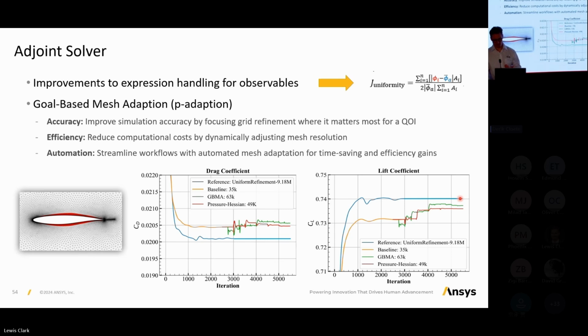It's a really fine mesh, 9 million cells just for an airfoil. And if we have a look at this baseline case underneath it, it's only 35,000 cells, a significantly smaller, or coarser, mesh. And with this goal-based mesh adaptation, you can see that it's trying to target the lift from that high resolution case. It doesn't quite get there, but does a pretty admirable job considering it's only using 63,000 cells versus 9.18 million.